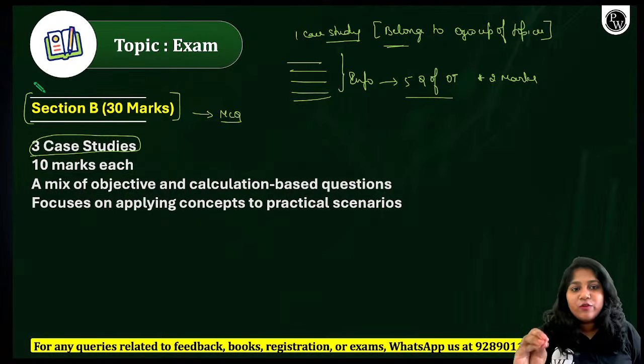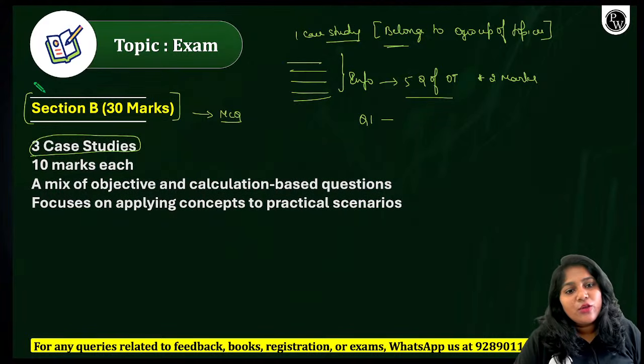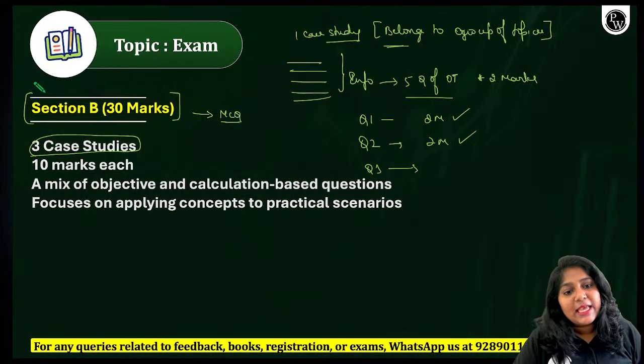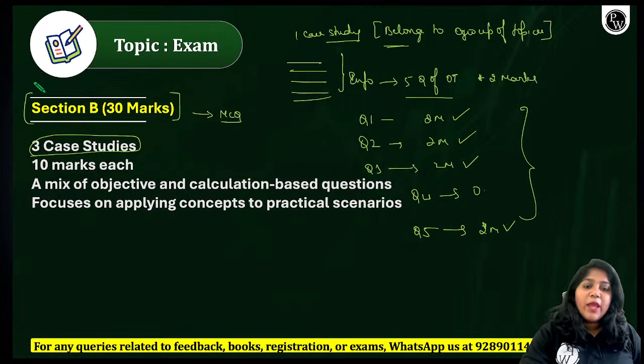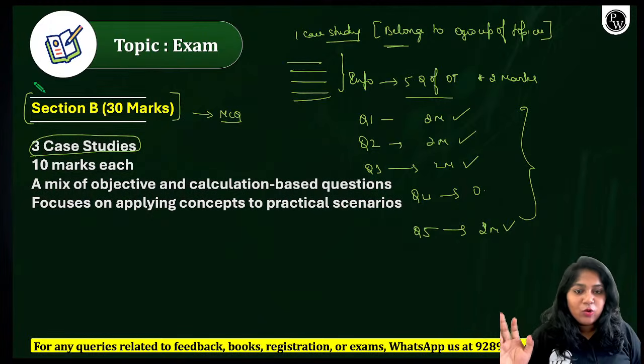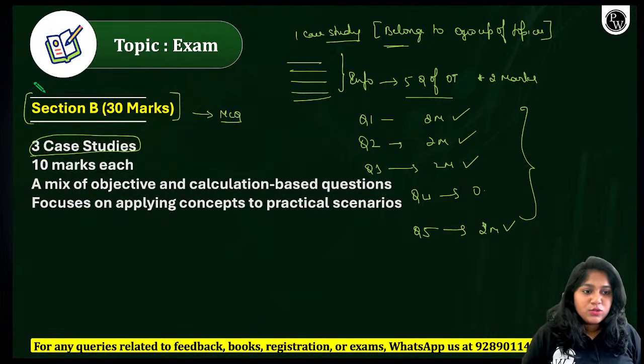I will have 5 questions. Let's say question 1, you got 2 marks. Question 2, again 2 marks. Question 3, again 2 marks. Question 4, let's say you got 0. Question 5, you also got 2 marks. Now don't tell me, ma'am, a question I got 0 means all 5 questions were 0.